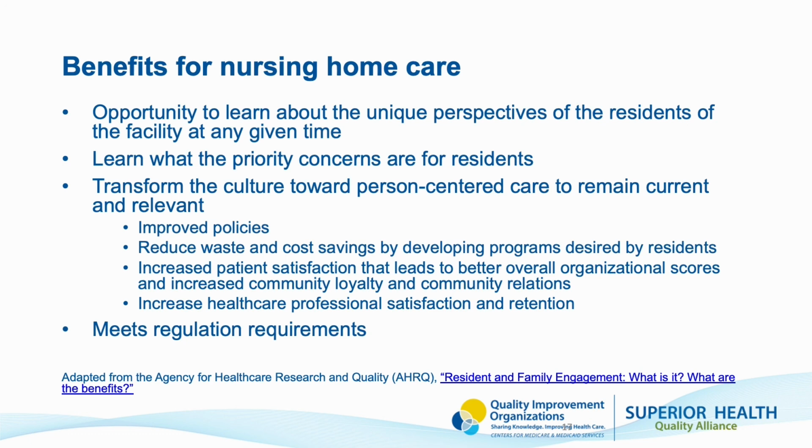Transform the culture towards person-centered care to remain current and relevant by improving those policies, reduce waste and cost savings by developing programs desired by the residents, increase patient satisfaction that leads to better overall organizational scores, and increase community loyalty and community relations. Increase healthcare professional satisfaction and retention. And this meets regulation requirements for skilled nursing facilities.